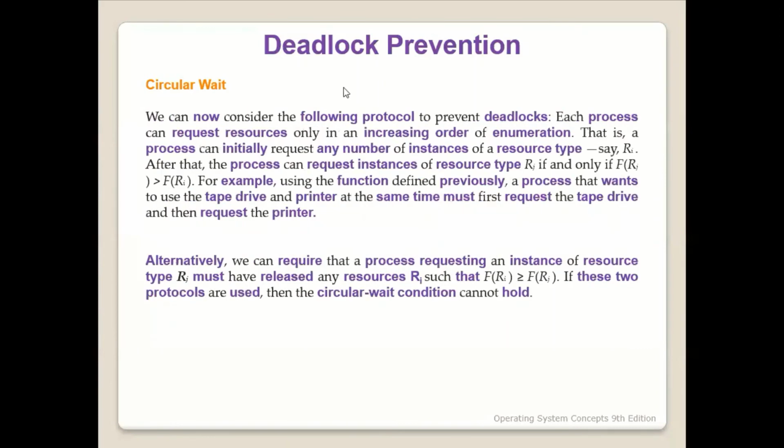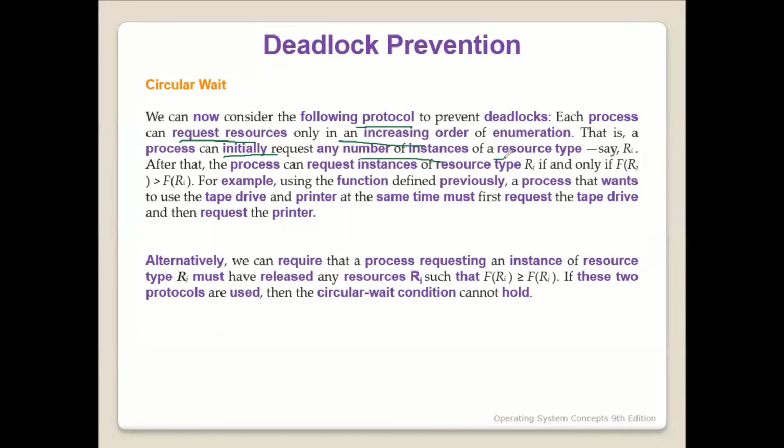Now let's see the protocol. Every time we need to have a procedure to avoid that condition. So what is the protocol to avoid deadlock? Each process can request a resource only in the increasing order of enumeration. Increasing order. A process can initially request any number of instances of a resource type.